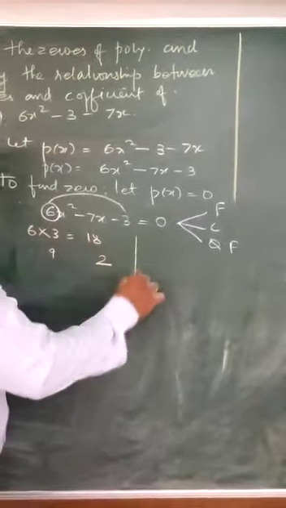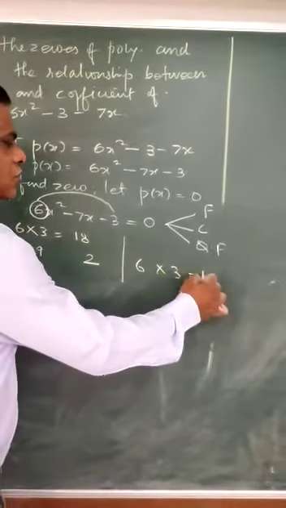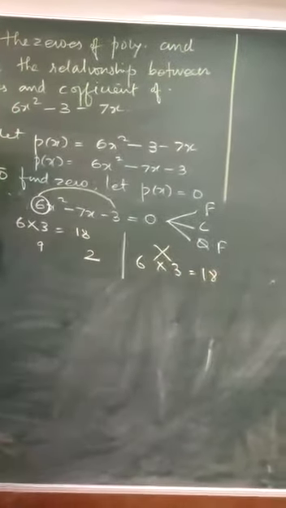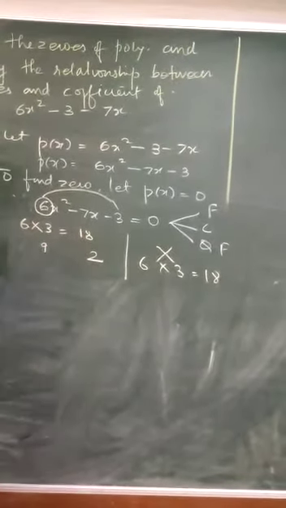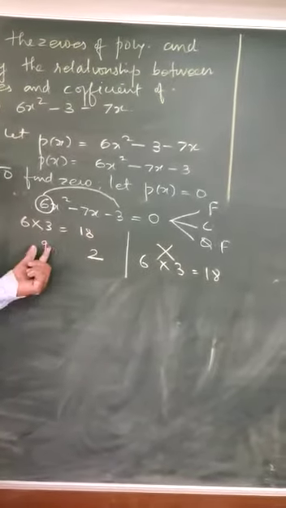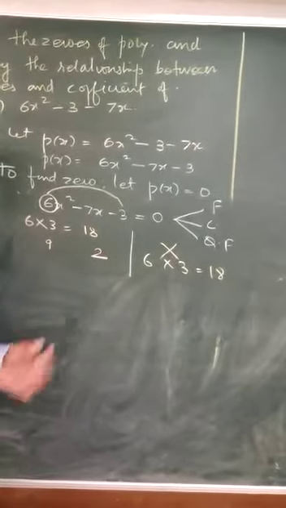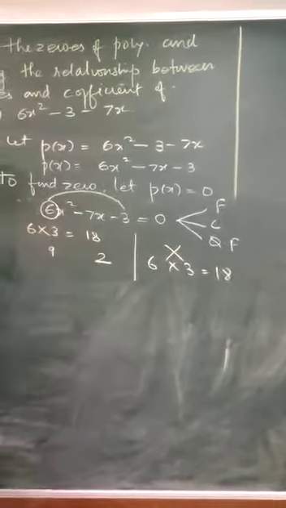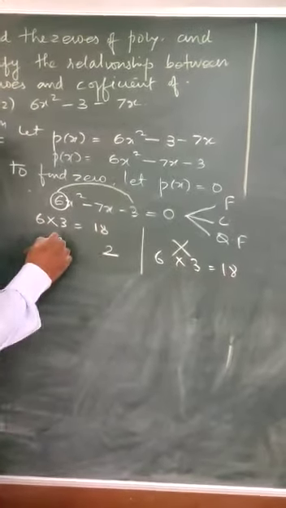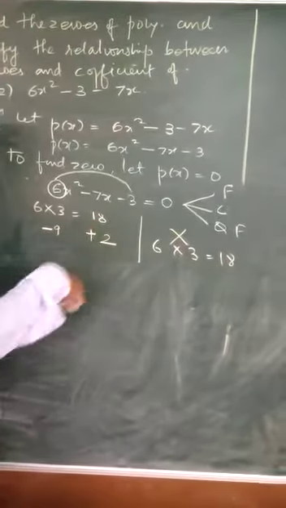Now 6 and 3 is not possible, because we want the middle term minus 7, and that is possible only by taking the two factors 9 and 2. Since the middle number 7 is negative, we take this as negative and this as positive.